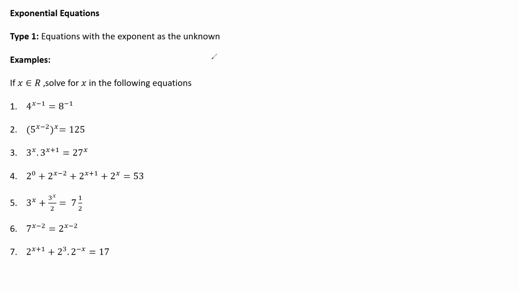Number 4 is interesting. It says 2 to the power 0, and so on. Let me write it as I see it. 2 to the power 0 plus, check this out. I can break it: 2 to the power x times 2 to the power negative 2.